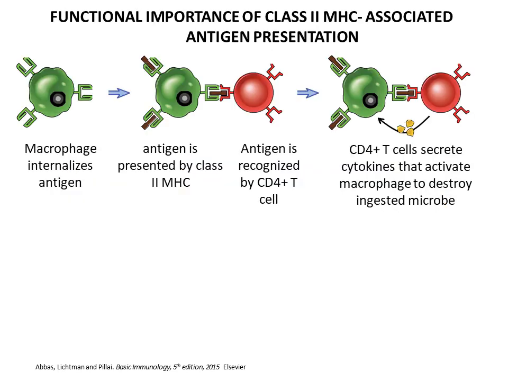On the other hand, other types of antigens are processed and presented by the MHC class 2. MHC class 2 is a bit more complex in the way that it actually will engage now the CD4 T cells. And these CD4 T cells that are engaged by the MHC class 2 with an antigen, what they do is they secrete cytokines.